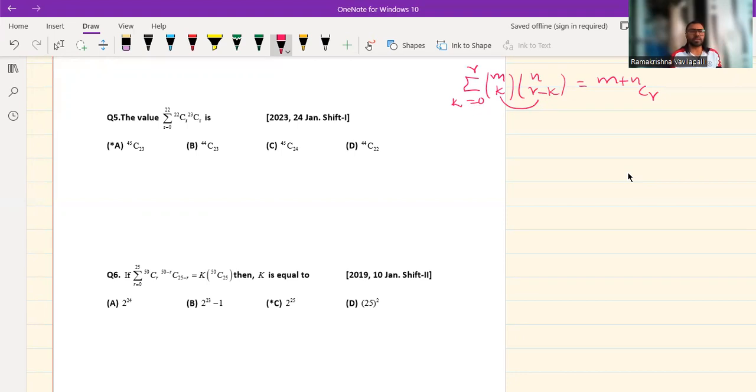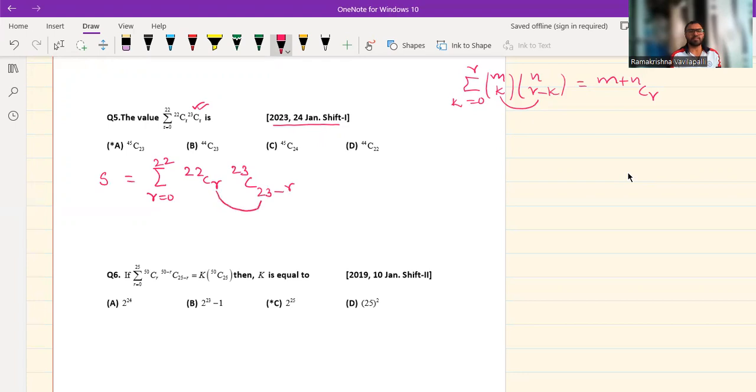Based on this, one question was asked in the 2023 January session. The given sigma can also be written like this, it is not direct: sigma r equal to 0 to 22, 22Cr into 23Cr. See, nCr equals nC(n-r), so I can write 23C(23-r).